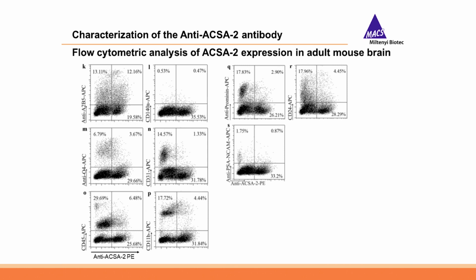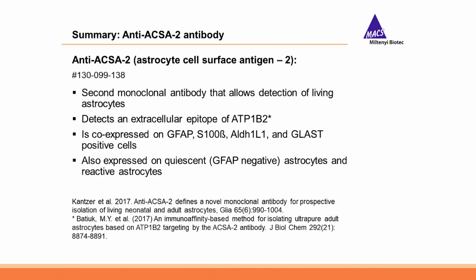So as a summary for the anti-AXA2 antibody, we can say that this was our second monoclonal antibody that allows detection of living astrocytes. This antibody detects an extracellular epitope of ATP1B2, and it is co-expressed on GFAP, S100 beta, ALDH1L1, that was also analyzed, and GLAST positive cells.